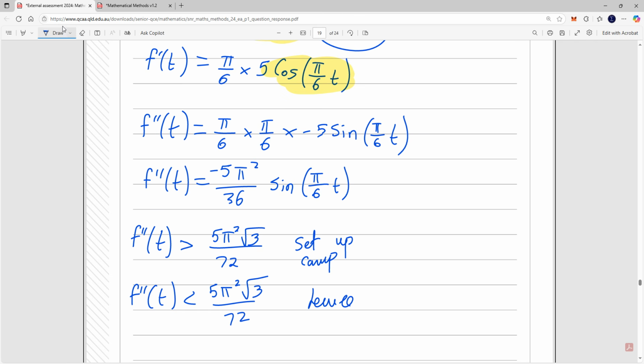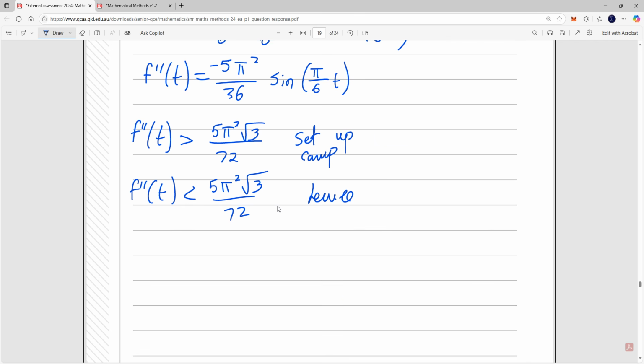Okay. So here what we're going to know is when this curve is equal to both this guy and when it's equal to the negative version of that. And then we have to work out the time in between.